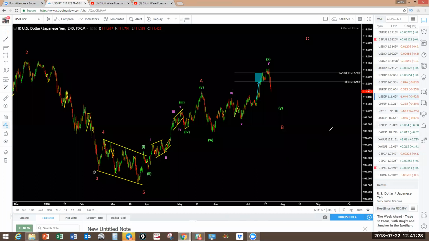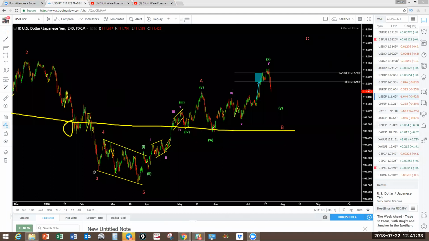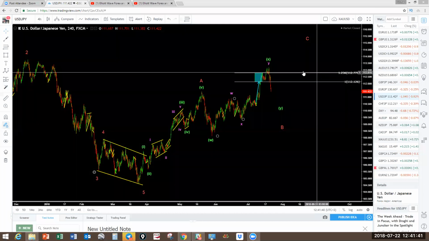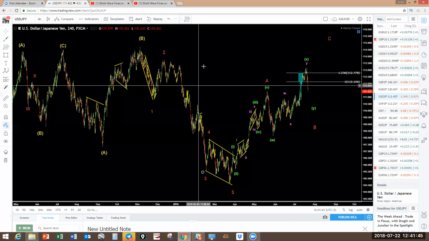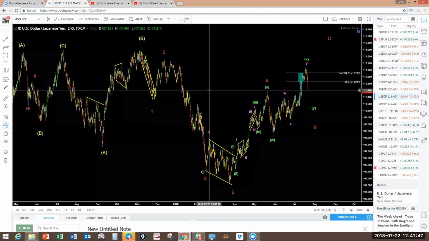If you just draw a line anywhere, you'll find that at some point it will intersect with a certain support or a so-called resistance. So this is a lot of nonsense. Okay. At the same time, it is nonsensical, and I'm able to make a comment on it because I have traded it as well.